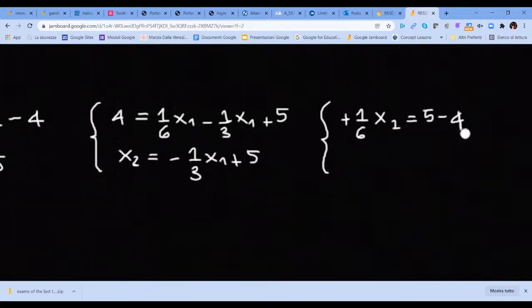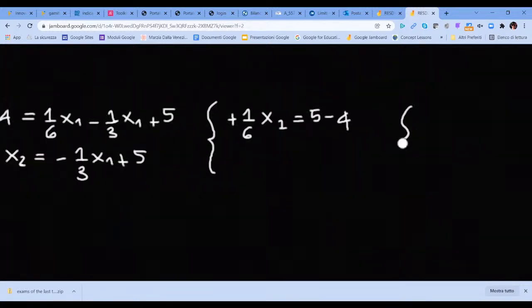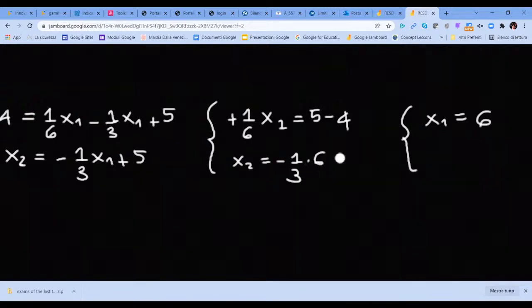Okay, here we are, and then that means 1/6 x1 is 1, and then x1 is 6. Okay, and then what is x2? x2 is equal to minus 1/3 times 6 plus 5, and then we have minus 2 plus 5, that is 3.